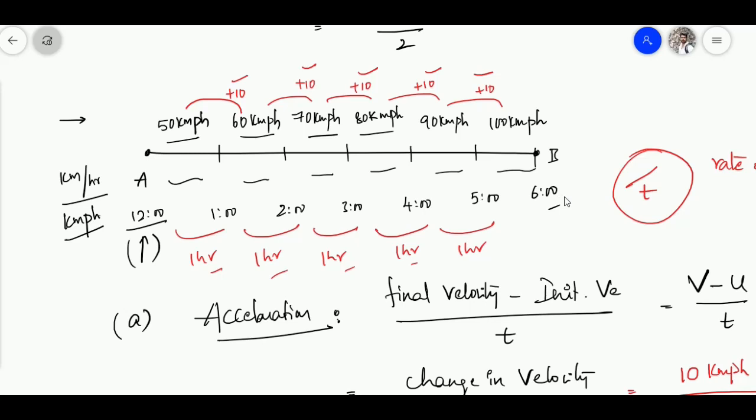In the non-uniform acceleration case, you will be increasing 10 km per hour, but the time interval will not be the same. It may be 1:30, then 2:30, or again 3, 4:30, 5:20. So this is not the same time. Maybe you are increasing your velocity in a fashion of plus 10, plus 10, plus 10, plus 10, but it is not in equal intervals of time. That's non-uniform acceleration.